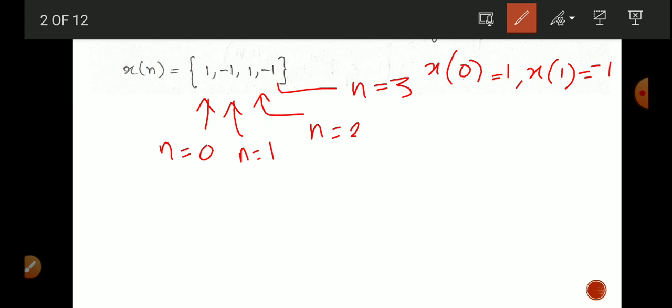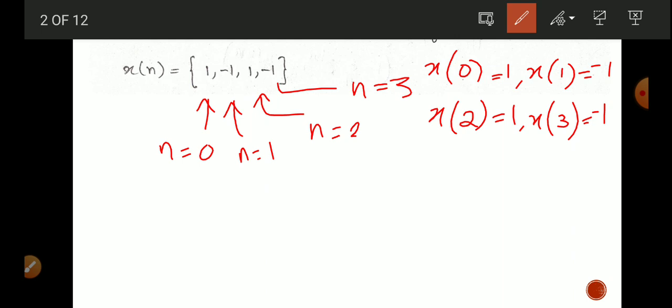Similarly, in the case of n equal to 2, we can write x of 2 equal to 1, because x of 2 has the value of 1. And x of 3 equal to minus 1, because in the position of n equal to 3, the amplitude x of 3 equal to minus 1. So we have the samples x of 0 equal to 1, x of 1 equal to minus 1, x of 2 equal to 1 and x of 3 equal to minus 1.